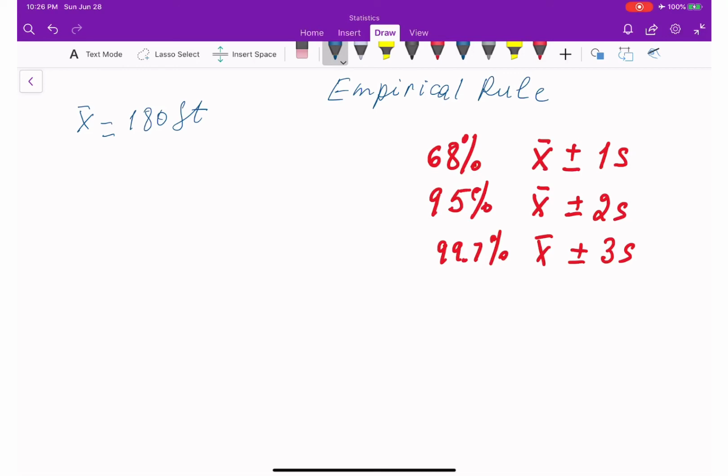So that's going to be your standard deviation from sample. So we need to know how many percent of white pines will fit between 150 and 210 feet.